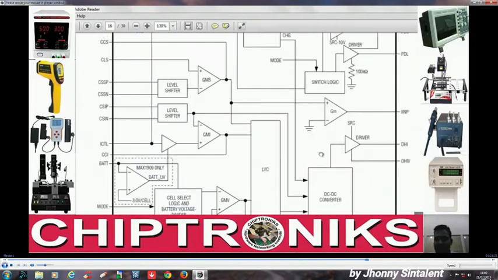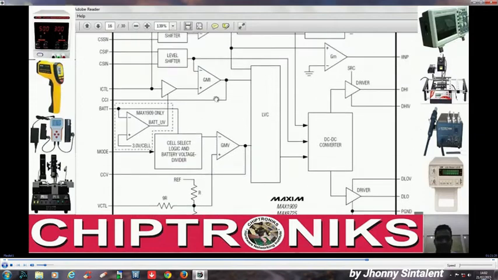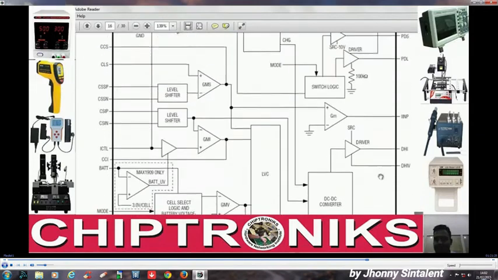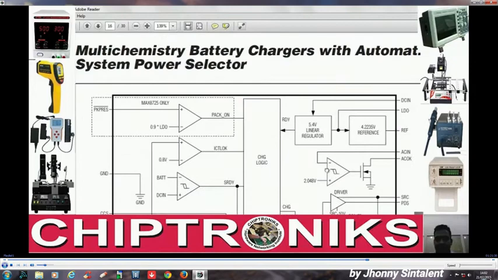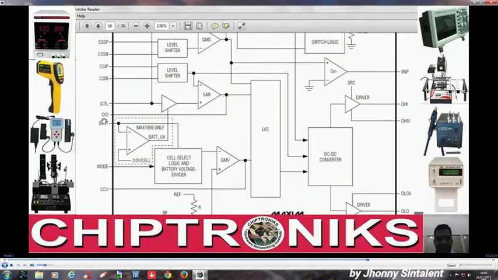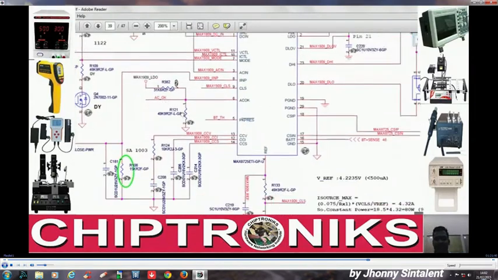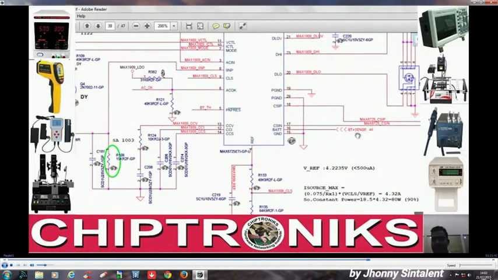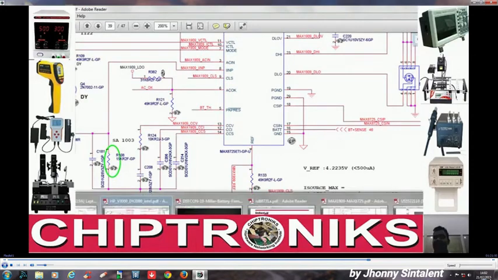BAT, and you see over the BAT pins, this is a direct connection from the battery to the charger IC, and we can see in a schematic also. This is BT plus sense coming from the battery terminal. So basically it is for sensing the battery.